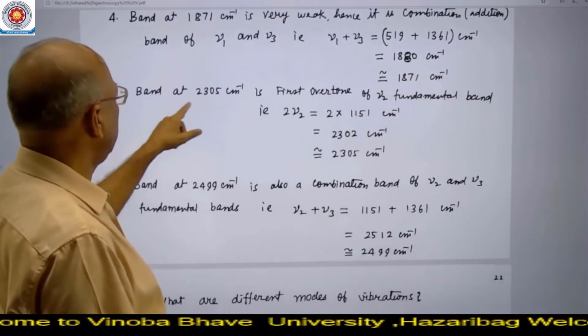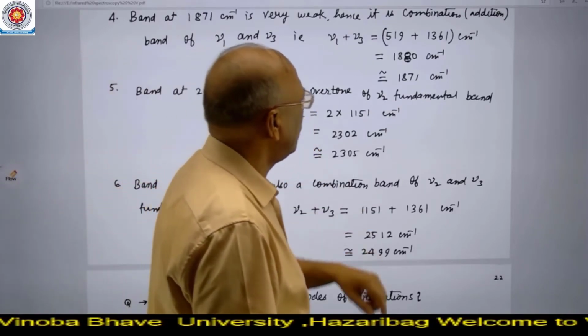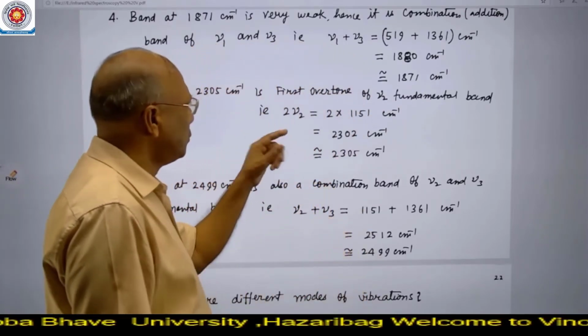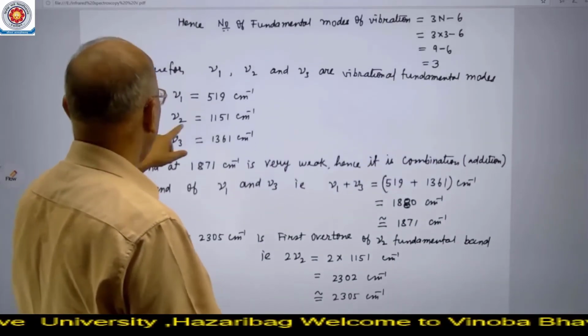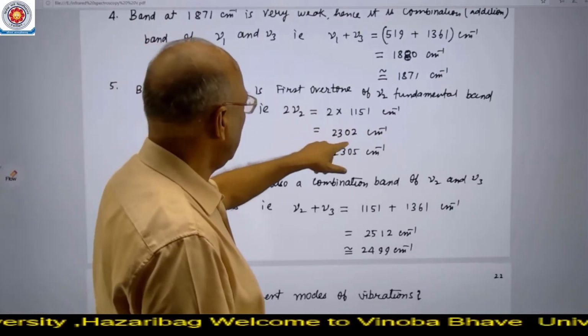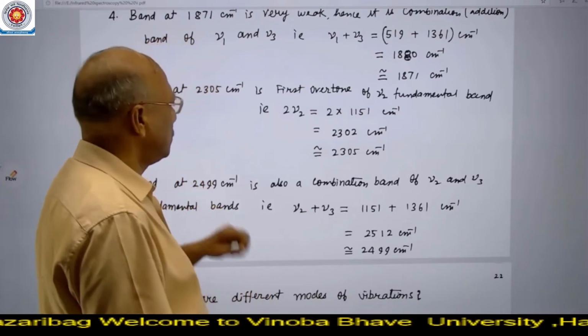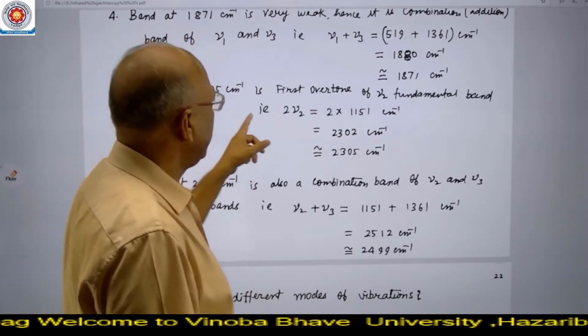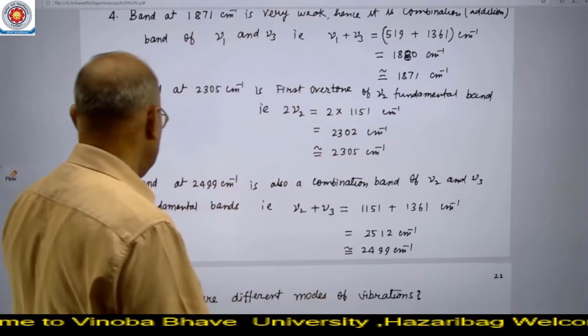Similarly, the band at 2305 per centimeter is the first overtone of the nu2 fundamental band. The nu2 fundamental band has the value 1151, and 2 times this value gives 2302 per centimeter, which is close to 2305. So this band is the first overtone of the nu2 fundamental band.